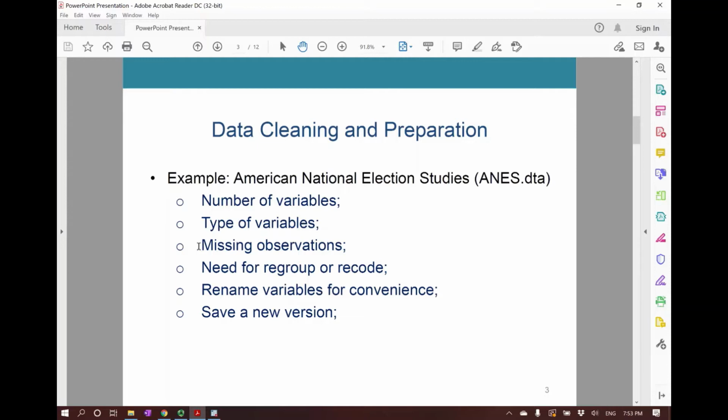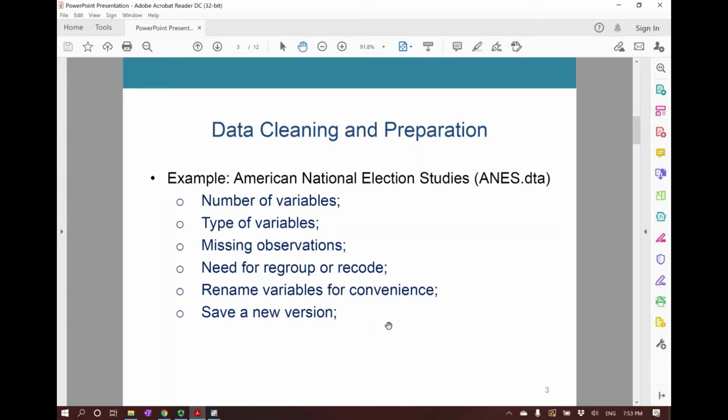Sometimes if it's not a primary variable you're going to examine, and it has a lot of missing information, instead of dropping those observations, you may consider not using that variable at all. So that's something to consider. Furthermore, you want to look at whether there is a need to regroup or recode some of the values in the variables. You want to rename the variables for convenience, and you want to save a new version.